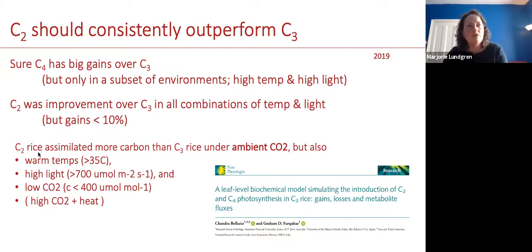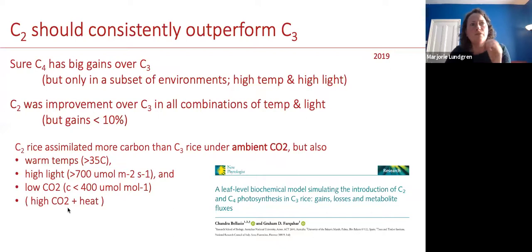And to give you a bit more specifics of what they found in this paper, the C2 rice outperformed C3 rice under ambient CO2. It was a very small benefit though, but you get the biggest benefit of C2 rice under warm temperatures, so over 35 degrees C, high light, 700 micromoles, not even that high light, and then low CO2. So that's when you're going to see the most C2 benefit.